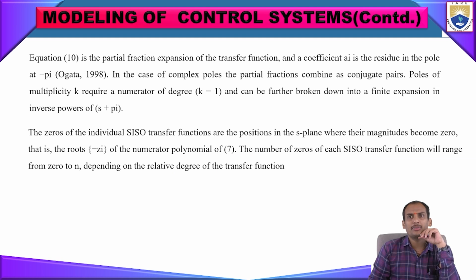So the number of zeros of a SISO transfer function can vary from 0 to n.